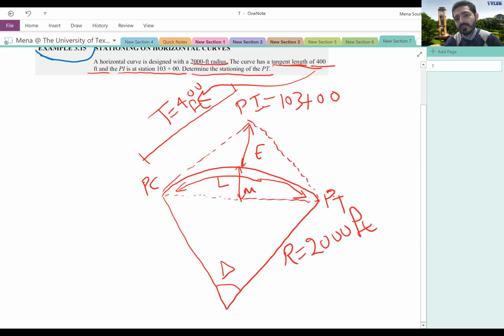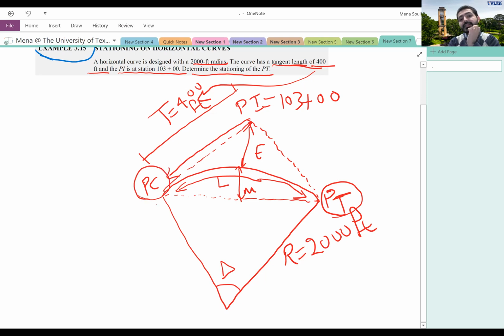We need to get the station of the PT. All right. So that's what we're planning here, what we need to do. As you can tell, we do not know the length of the curve, neither the delta. The plan here is, from the PI, I need to go back and get the station of the PC.